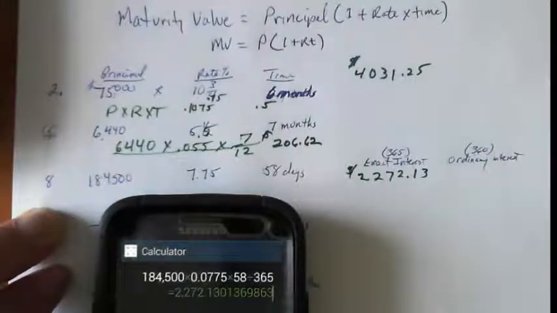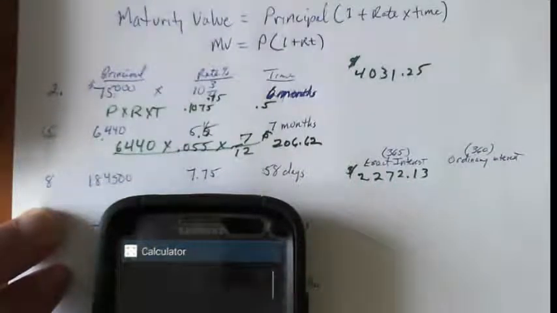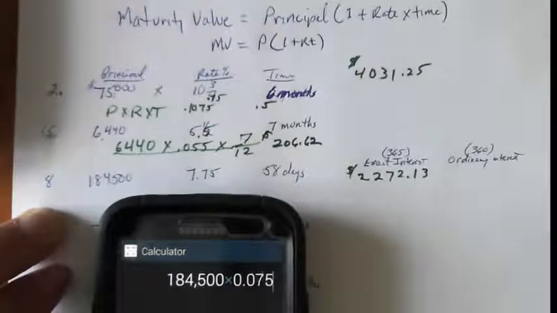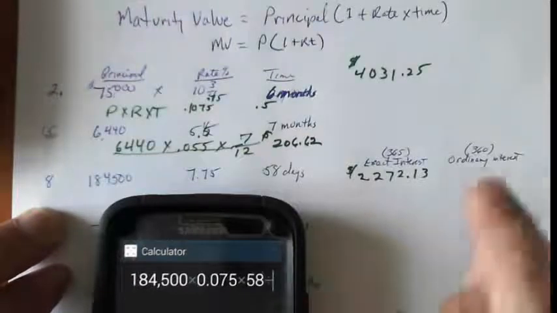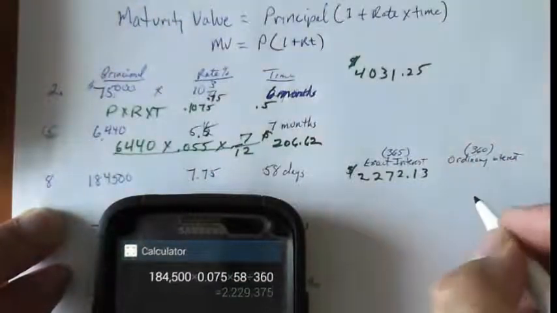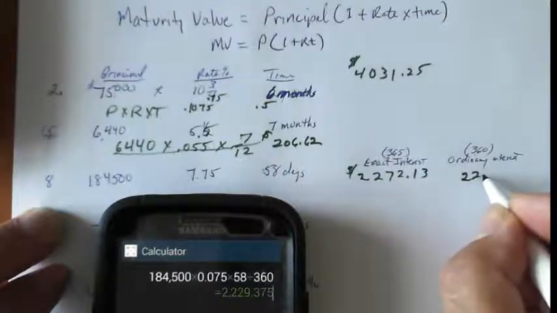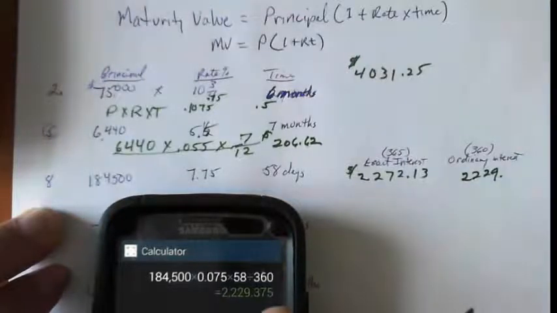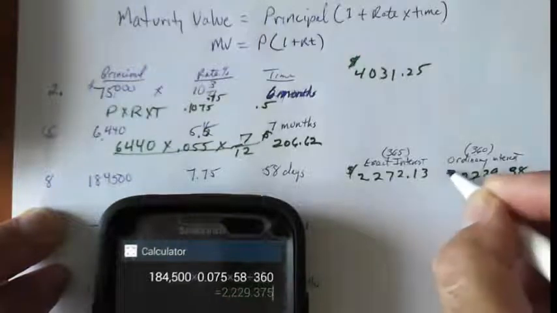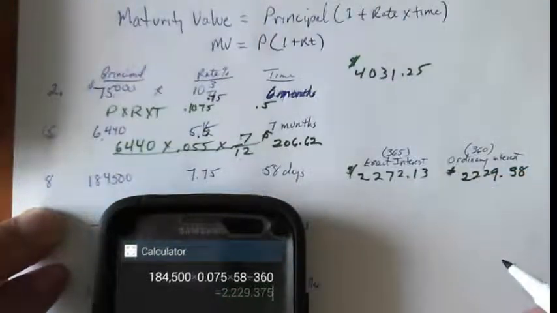Okay, and then we do the same thing times 58 divided by 360 this time. And we get just a little different number. And that is going to round up to that penny, because they're always going to round up.